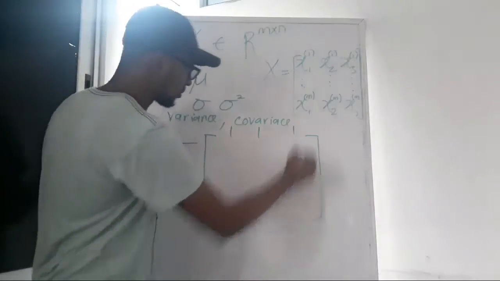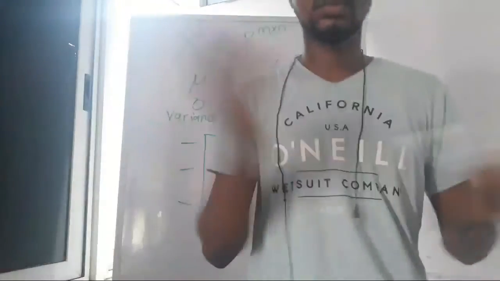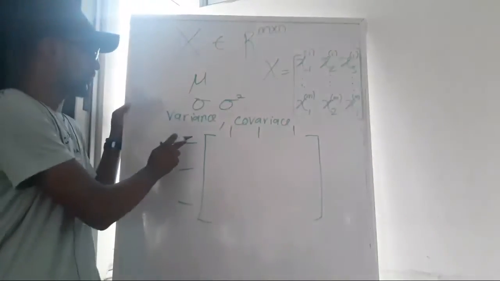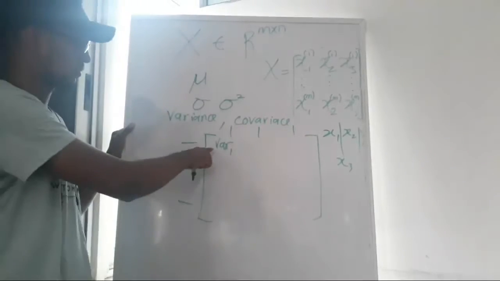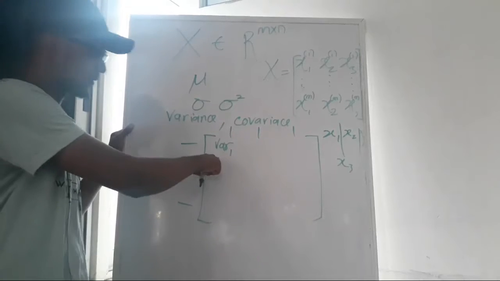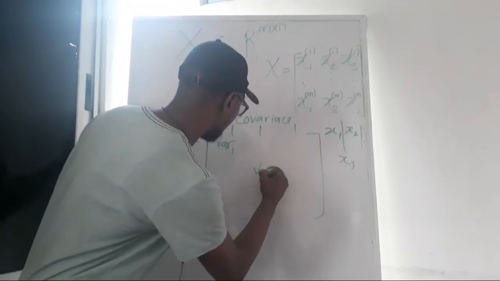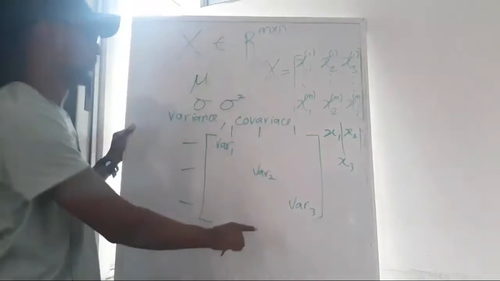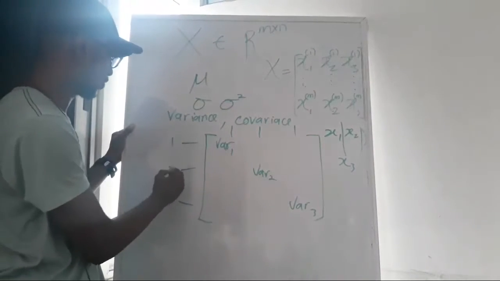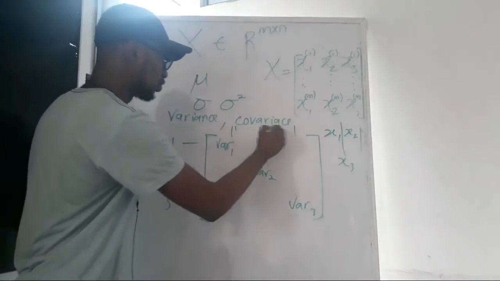This is for the first feature. This is the variance of the second feature. This is the variance of the third feature, because this is 1, 2, 3 and this is 1, 2, 3.